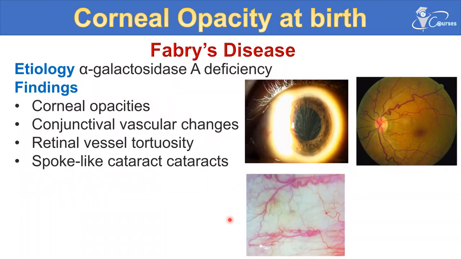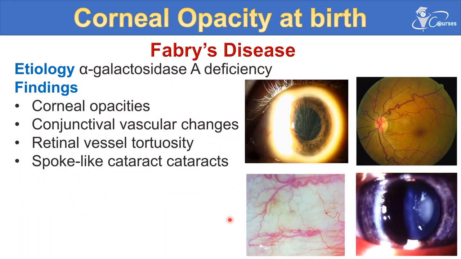And finally, the spoke-like cataract, which also happens in around 50% of cases of Fabry's disease. So don't forget these four ocular features: corneal opacity, conjunctival vascular changes, retinal vessel tortuosity, and the spoke-like cataract. Okay.